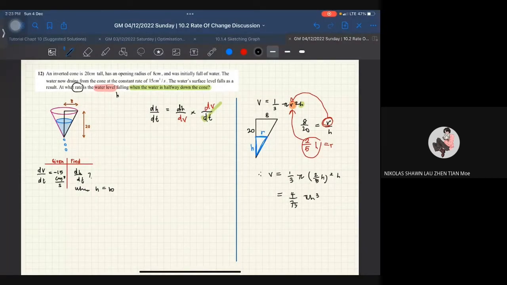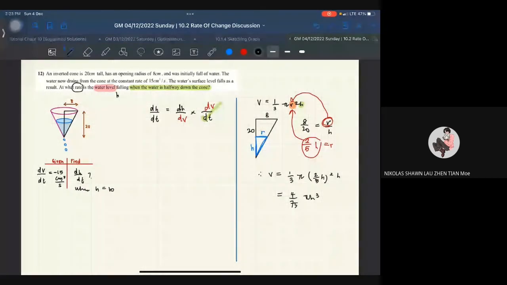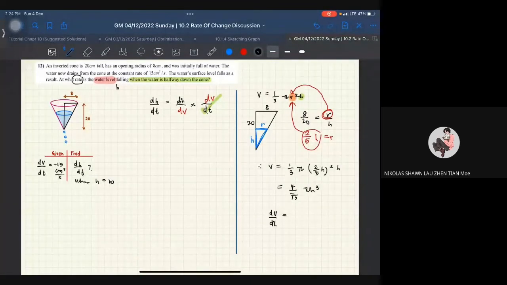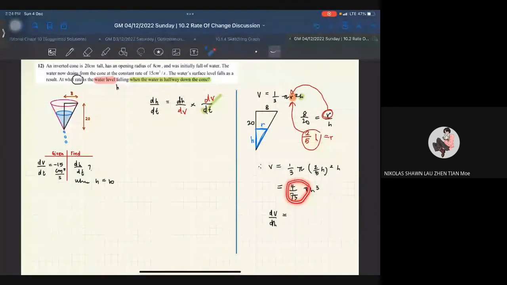Okay, so kat satu lagi ni, kita nak cari dV/dH. So dV/dH saya is equals to, so ini adalah constant. So awak tak perlu kacau constant. Okay, so just copy back that one. So you have 4/75 pi.